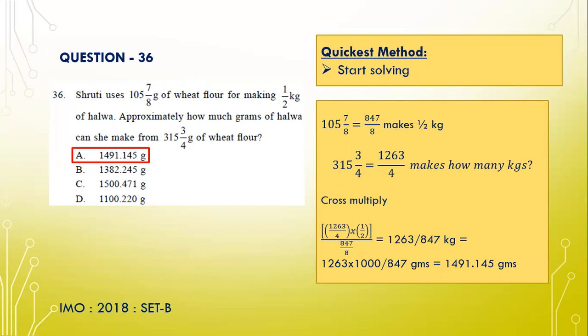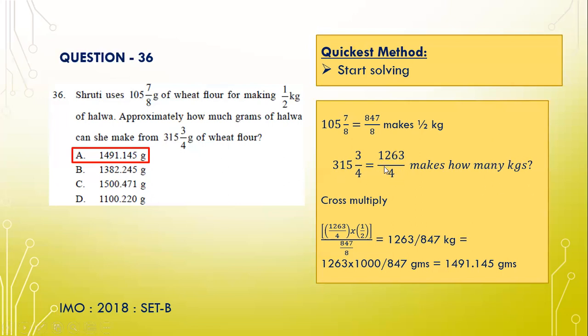Okay, you start solving. 105 integer 7 upon 8 is 847 upon 8, because 105 into 8 is 840, and 840 plus 7 is 847. It makes half kg of halwa, isn't it? Then 315 integer 3 upon 4 is 1260 plus 3, which is 1263 upon 4. How many kgs does it make?